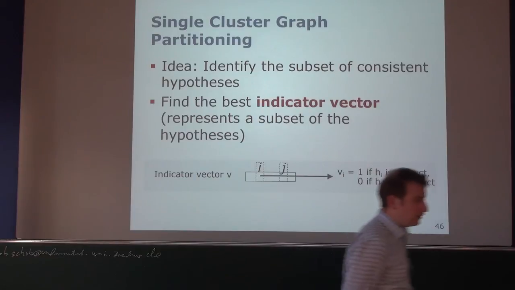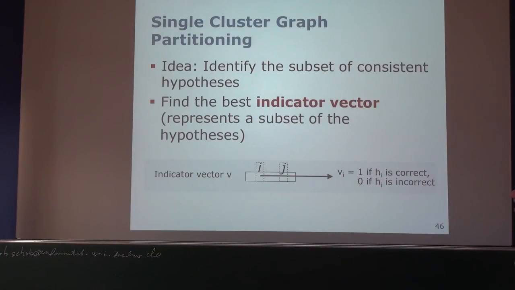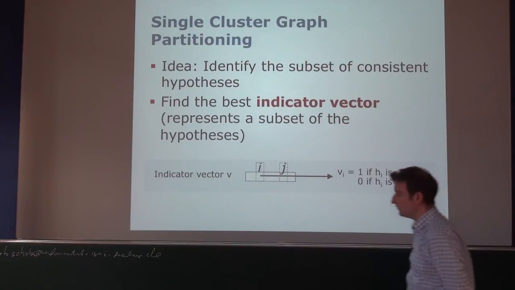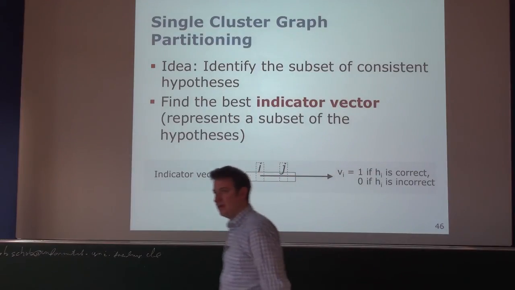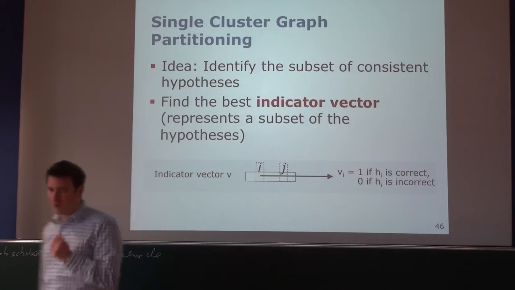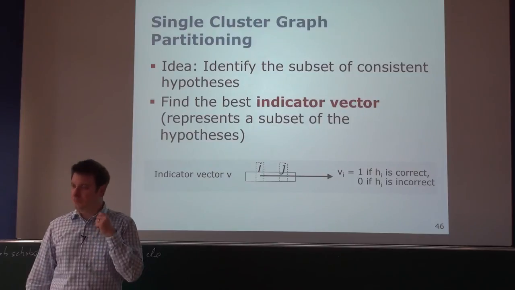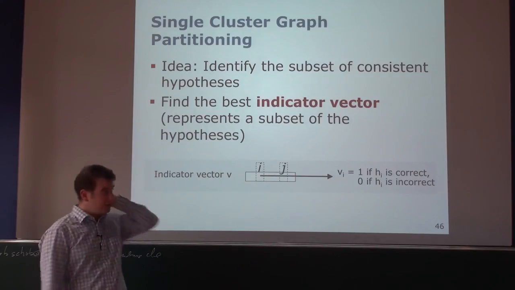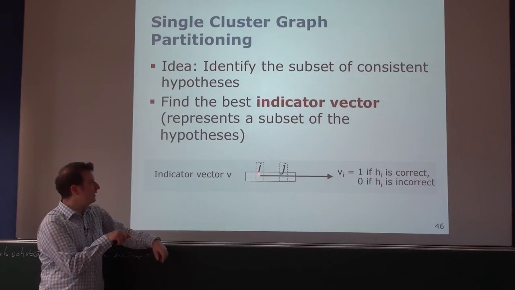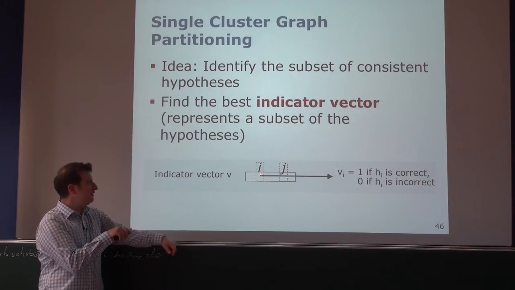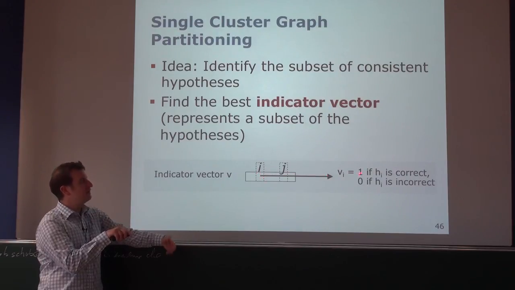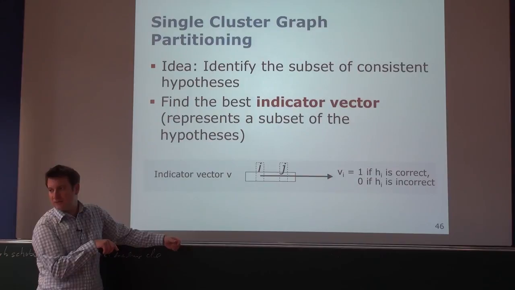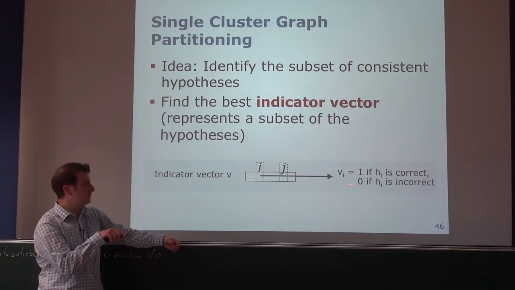Okay, what I now can do is define an indicator vector, which just consists of 0s and 1s. The indicator vector is one hypothesis for consistent constraints. Every element consists of 0 or 1, and if I have a 1 at the field i, it means that the assumption that hi is correct. And if there's a 0, then hi is incorrect.